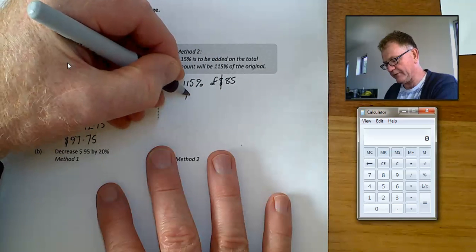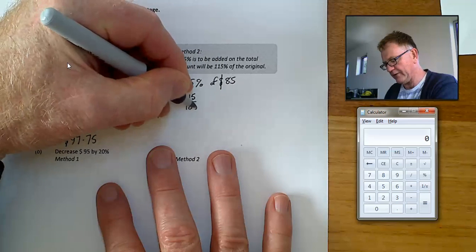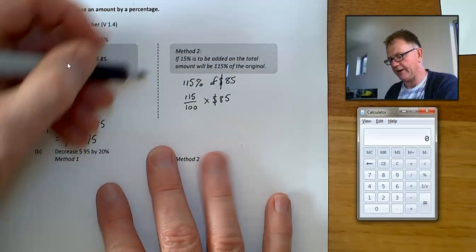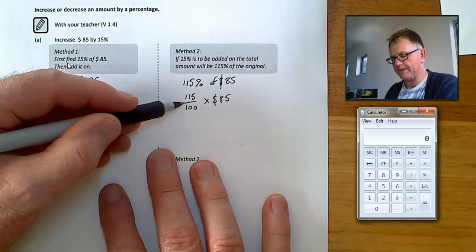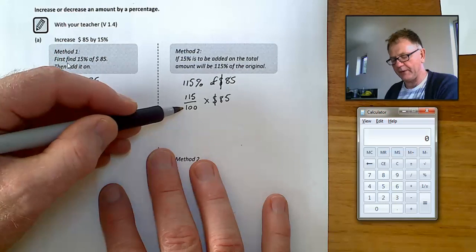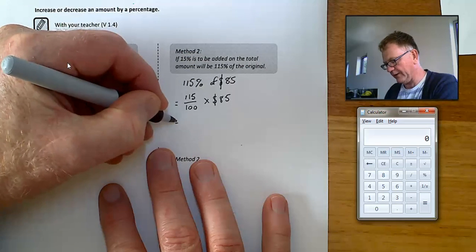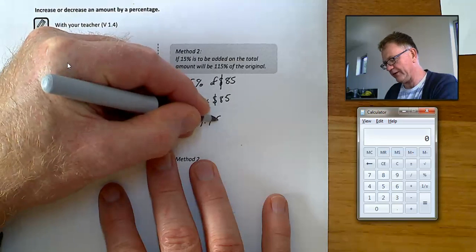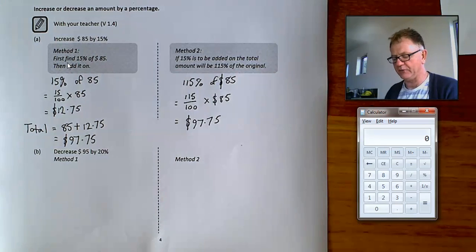So that will be 115 over 100 times 85. On your calculator, 115 divided by 100 times 85. I've done this beforehand and I know the answer works out to be $97.75, exactly as we got before.